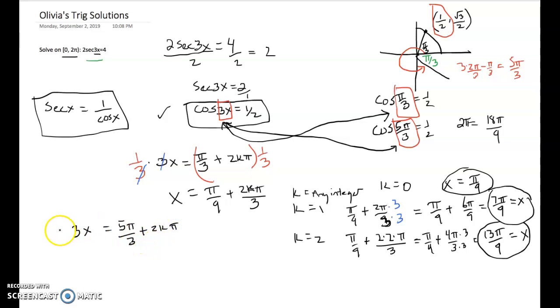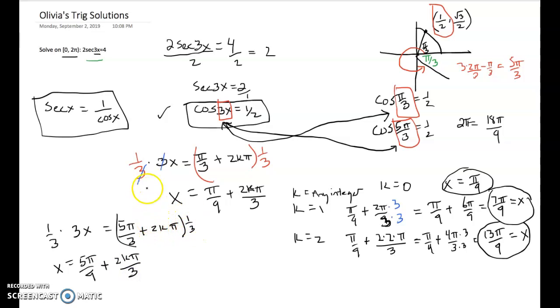Again, we multiply both sides by a third to isolate the x. And what we have then is x equals 5 pi over 9 plus 2k pi over 3 when I distribute that 1/3 through.